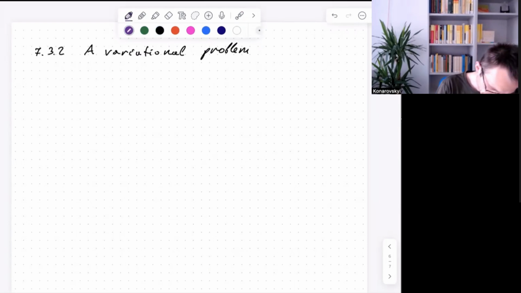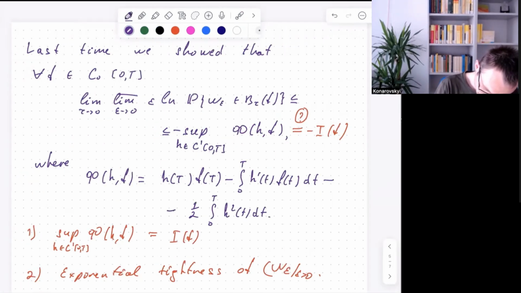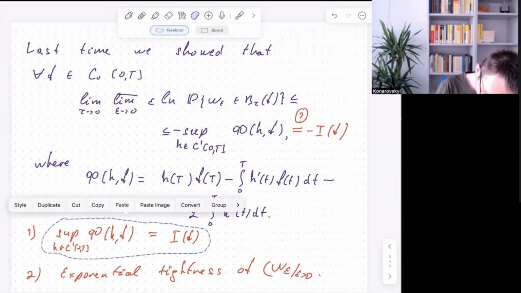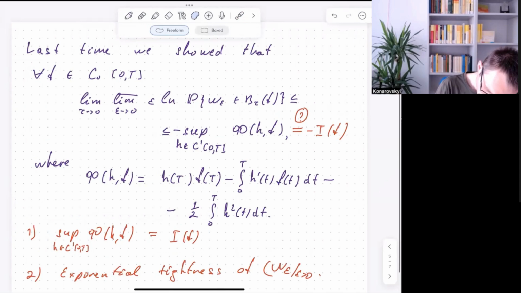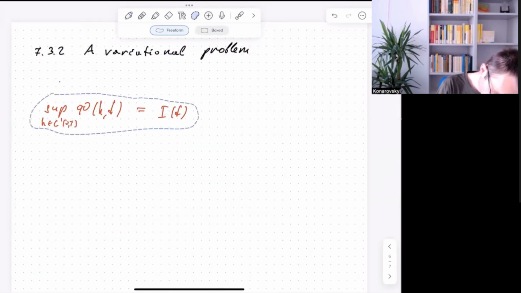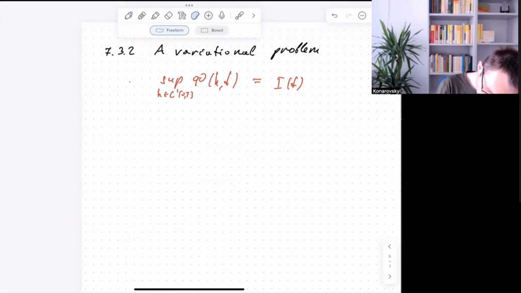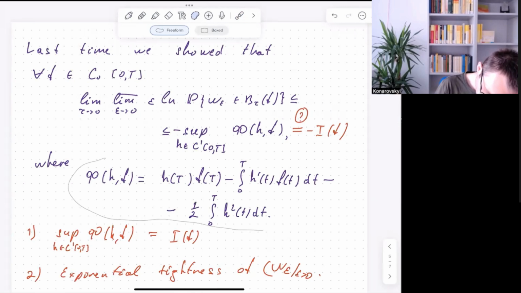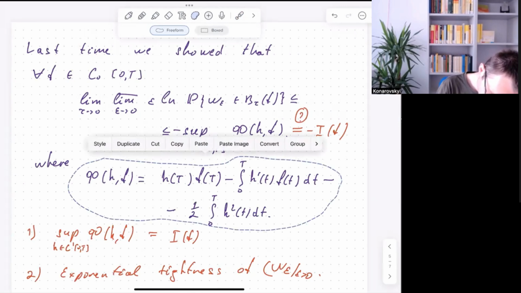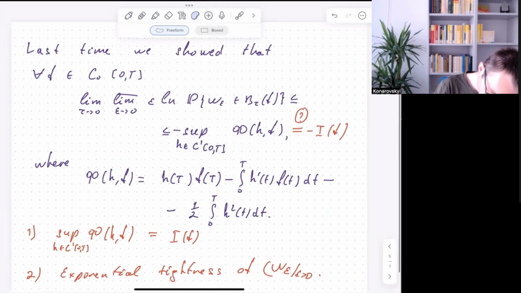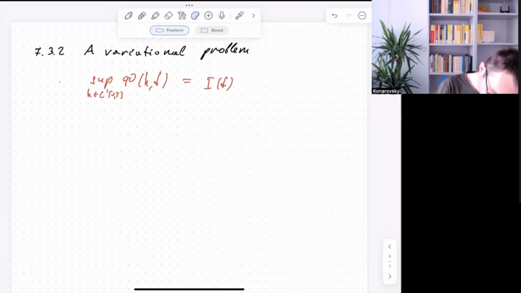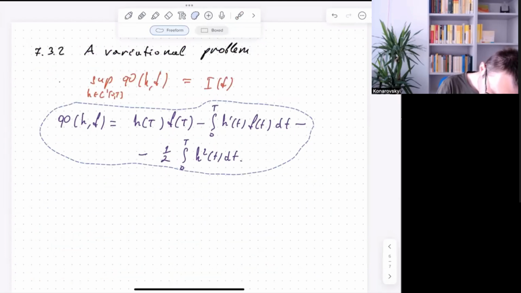So let's recall once again, maybe not writing, just copy that. We want to show that, where the function phi is this function.